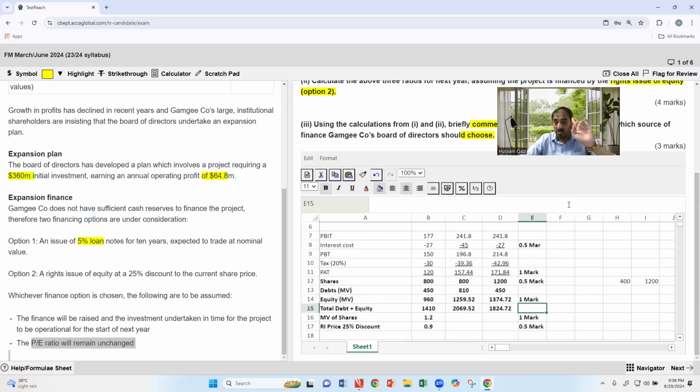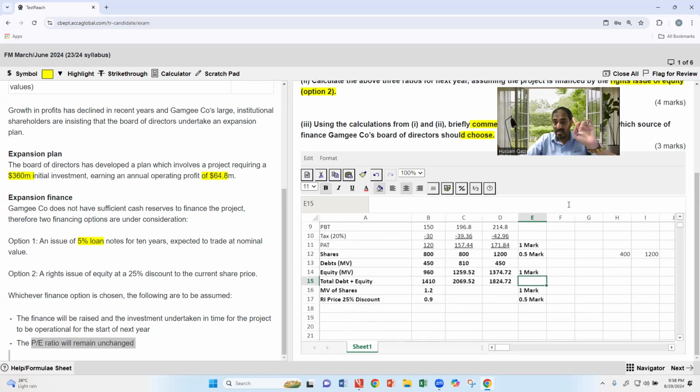For the calculation of the number of shares, whatever we have done for this 1200, you will be able to get 0.5 mark. Equity, 1 mark. Market value of share, 1 mark. Right issue price, 25% discounted value, 0.5 mark. That's total 8 marks.